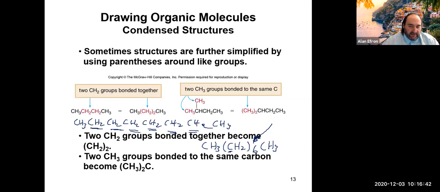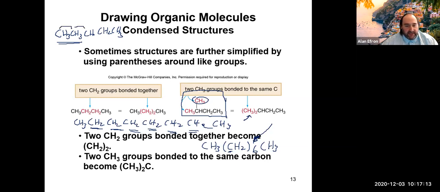Sometimes in condensed formula, they'll show it like that, where you have this group. Most of the time in condensed formula, people will draw it like this. The reason you wouldn't want to write it like this, CH3, CH3, CH, CH2, CH3, is that this would imply that this carbon is attached to this carbon, which is attached to this carbon.